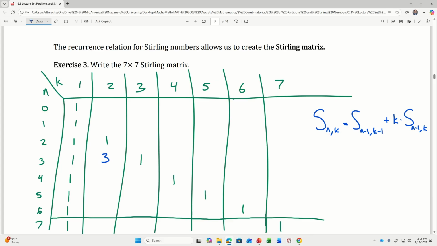Okay. Just below the 3, I have to add 1 plus 2 times 3, which is 7. To the right of the 7, where I've got 3 plus 3 times 1, that's going to be a 6.